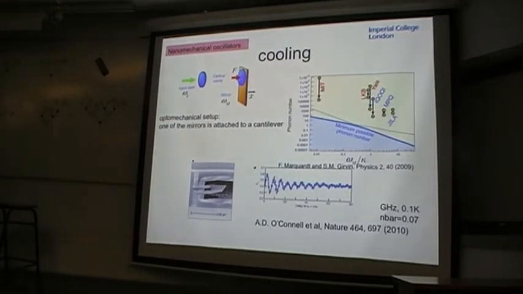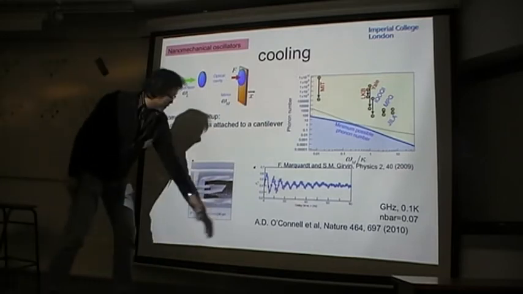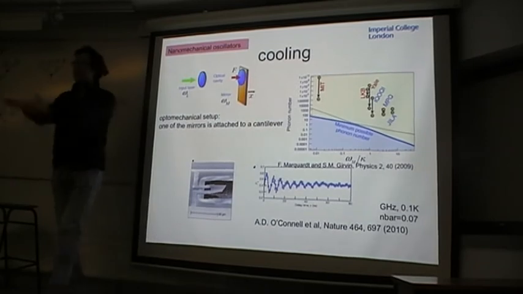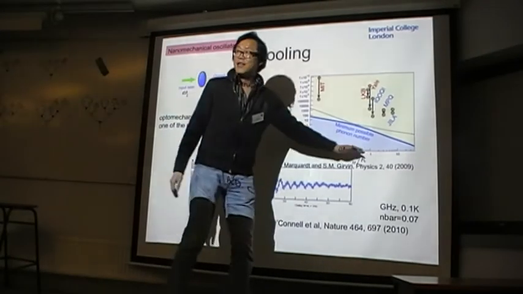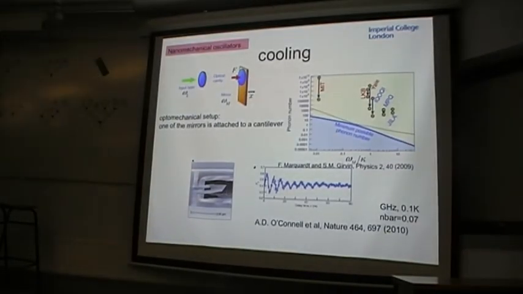At the same temperature, as the frequency goes up, the mean phonon number drops exponentially. So what they did in 2010 is, let's forget about this, how about we just increase the frequency? So you increase the frequency from tens of megahertz to gigahertz. Okay, so the n bar is already 0.07. So that's what they did.